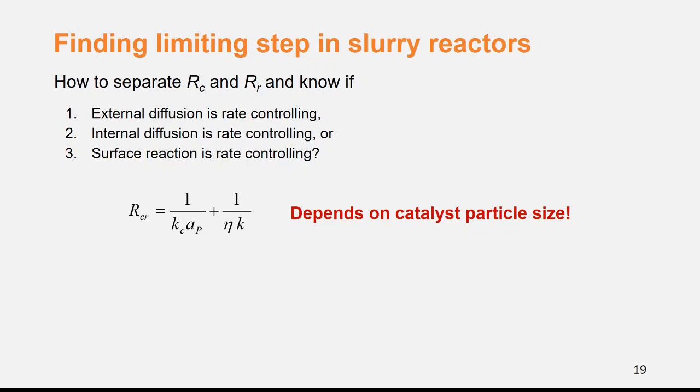This is important because it will change how we go about improving the process. Going back to the definitions of RC and RR, you can see that RCR is 1 over kc AP plus 1 over eta k.